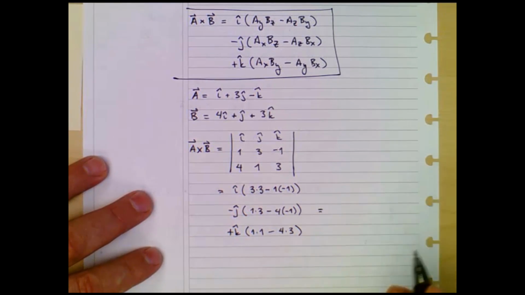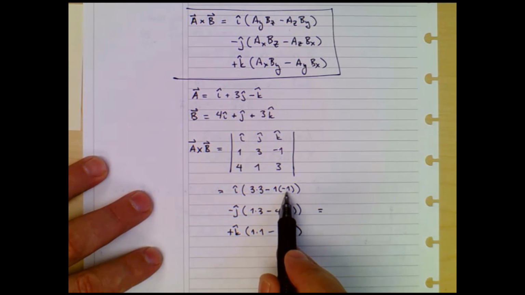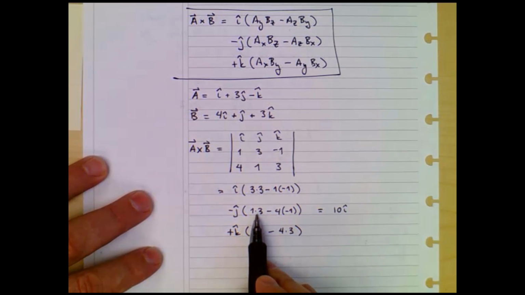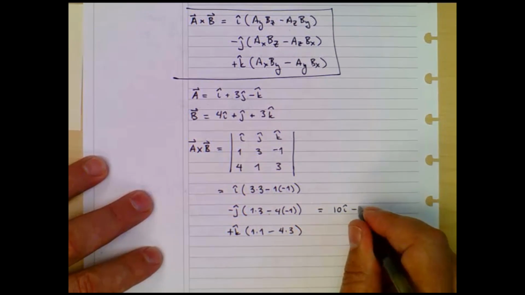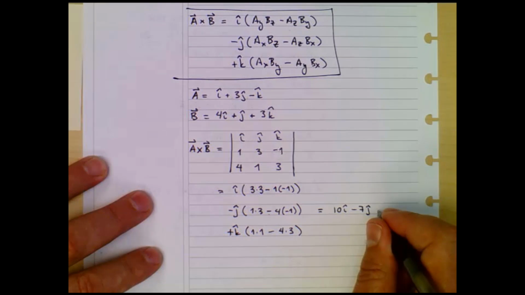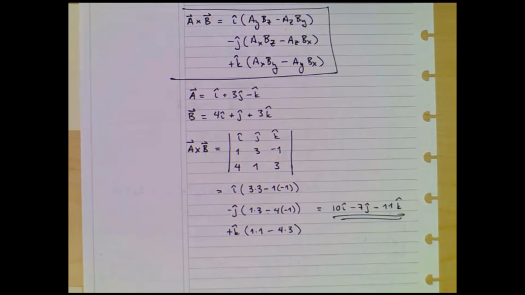All right, this turns out then to be 9 plus 1 is 10 I hat. This is 3 plus 4, but then the minus sign, so minus 7 j hat. And then this is 1 minus 12, or minus 11 k hat. That would be my cross product of A and B.